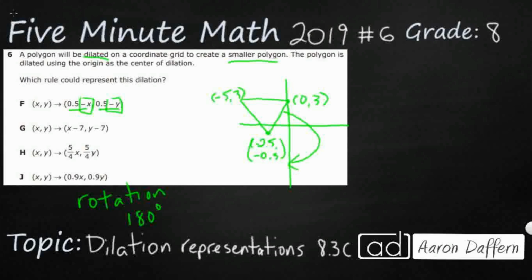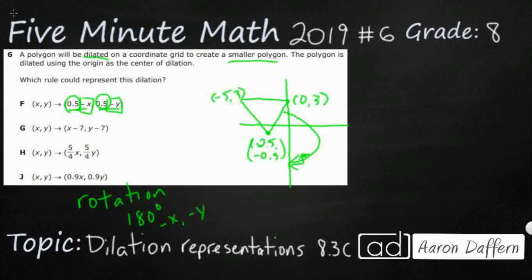Okay, and so that's what happens when you get a negative x and negative y. And the only difference is we've got 0.5 minus x and 0.5 minus y. So it's going to rotate it, and then it's going to slide it a little bit, over and up just a hair.